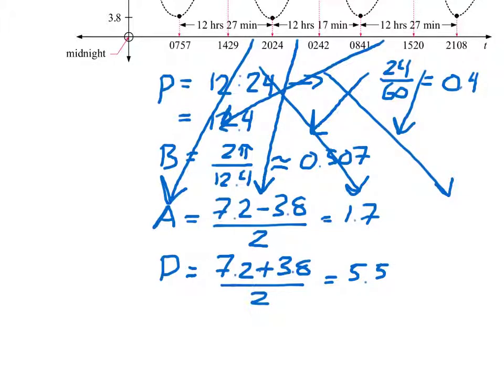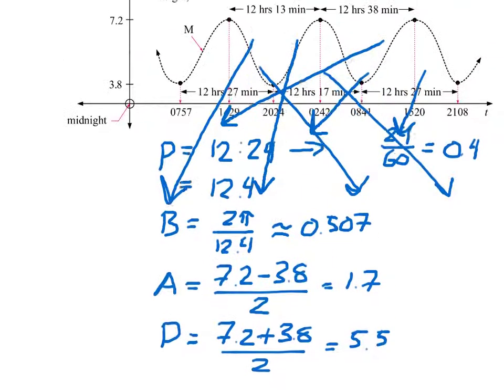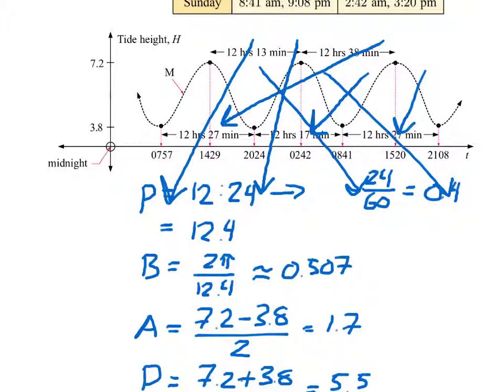So the only remaining value that I need is C. And remember, C comes from M. M is the point that crosses the primary axis, which in this case is 5.5 meters. And when the sine curve is going up here, I need to find the distance from this point back to the y-axis.